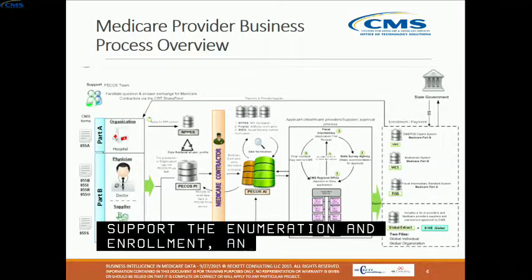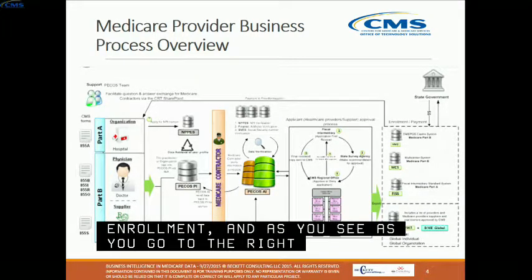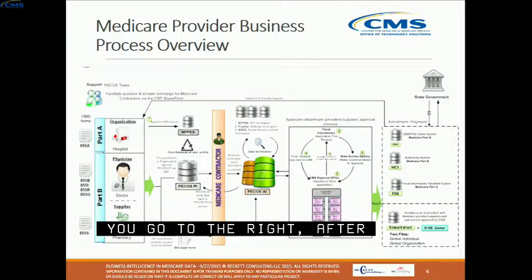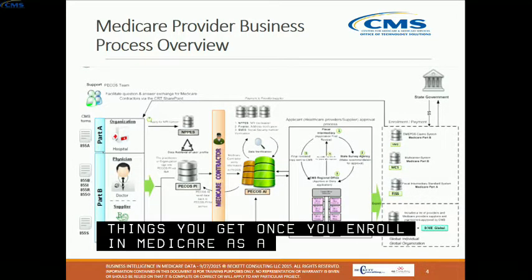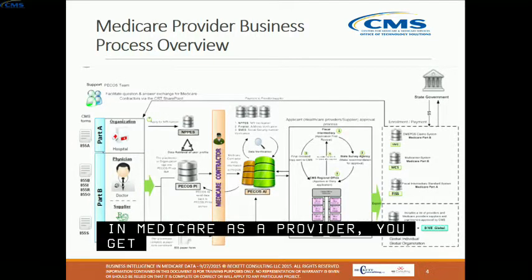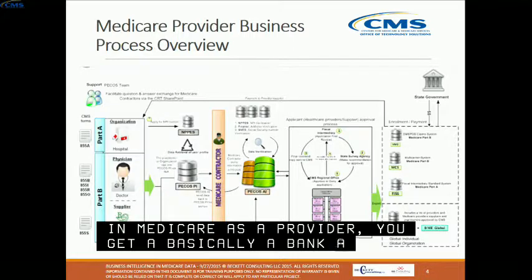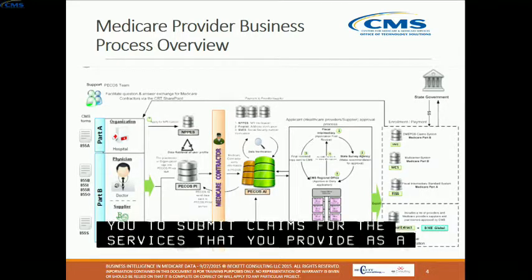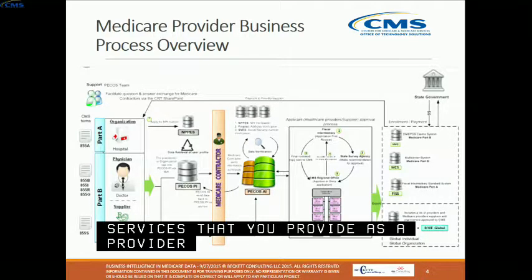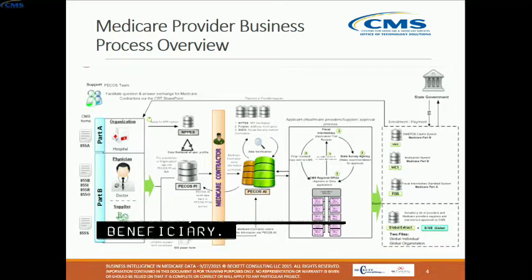And as you'll see as you go to the right here, after enrollment, one of the things you get once you enroll in Medicare as a provider is basically a bank account or a billing account that allows you to submit claims for the services that you provide as a provider to a Medicare beneficiary. And you can submit those claims typically electronically.